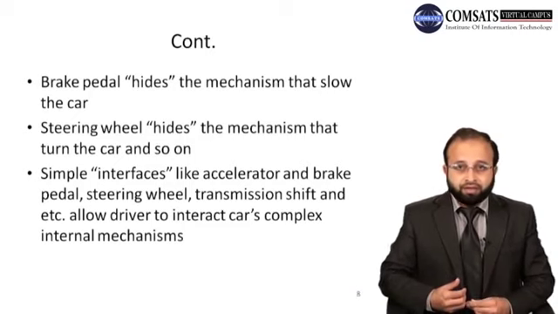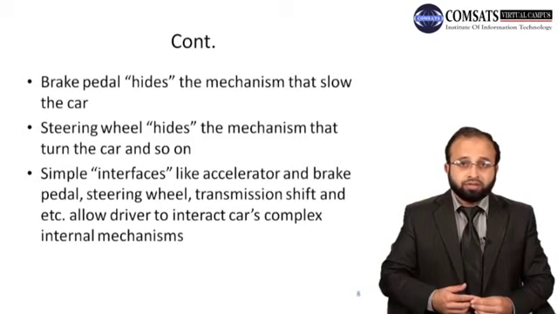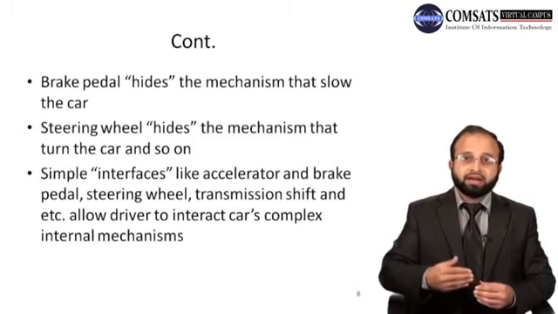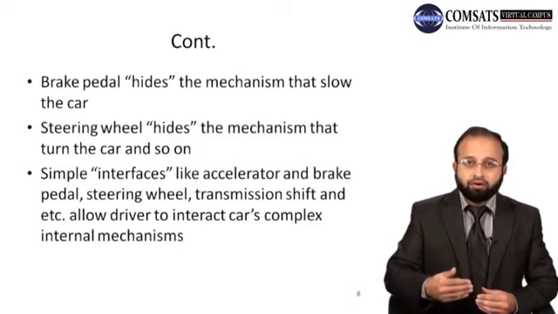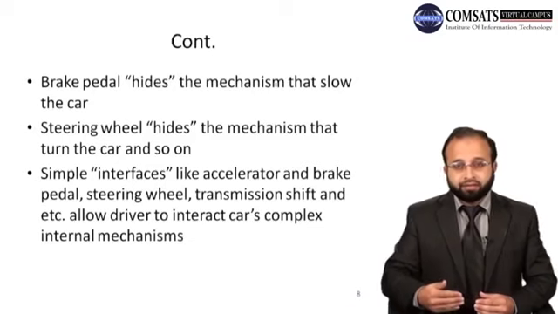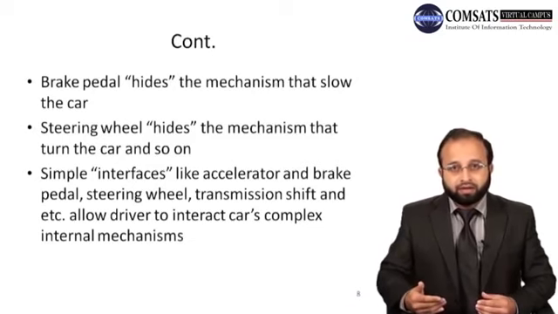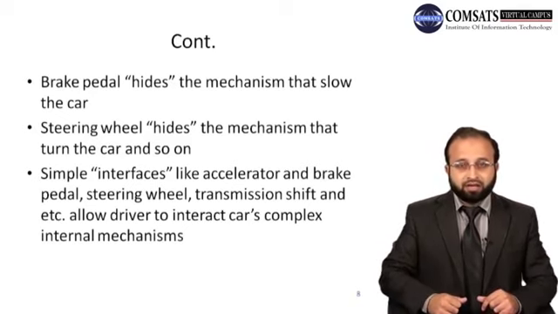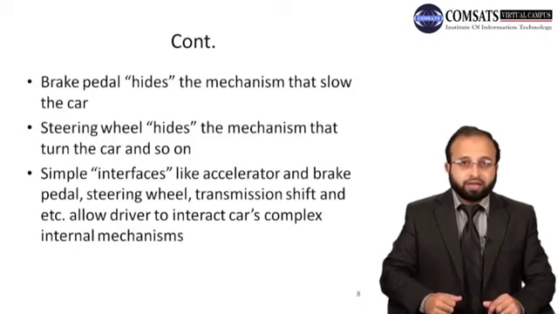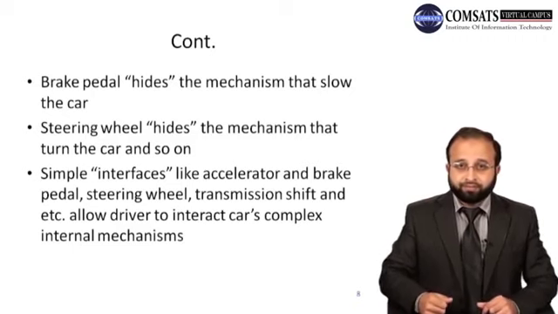The steering wheel, the brake pedal, the accelerator pedal, the transmission shift. These interfaces allow the user or the driver to interact with the complex functions of the car. The driver doesn't know what happens internally inside the car, but he knows that when he presses the brake pedal or, let's say, the accelerator pedal, the car will move faster, right?